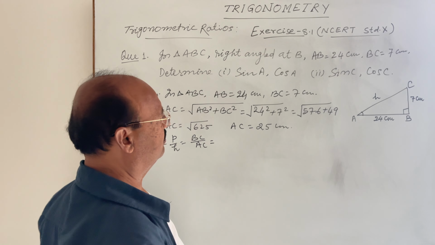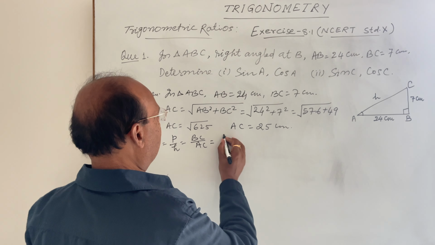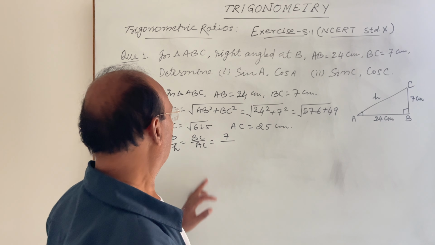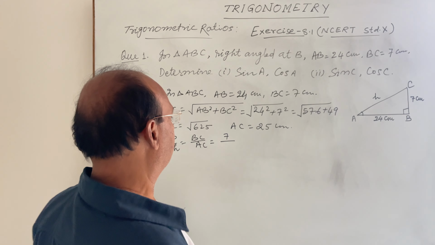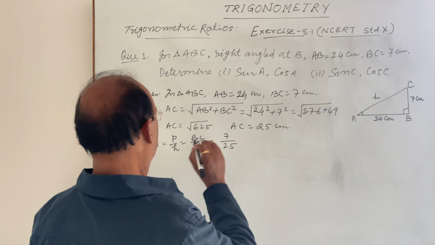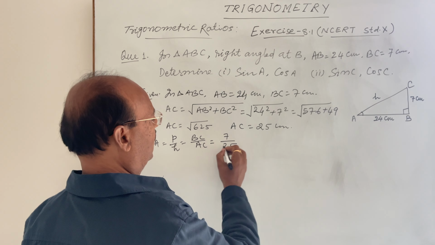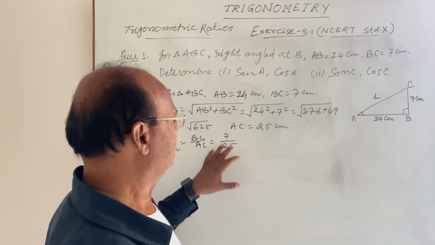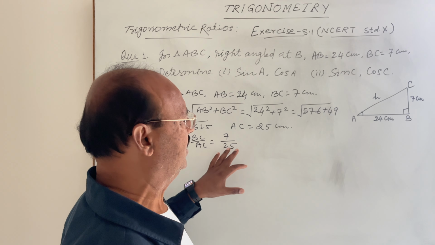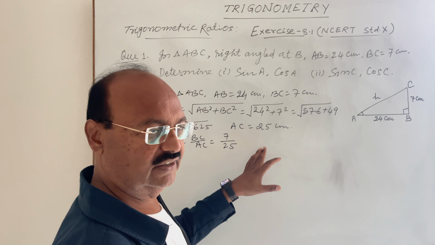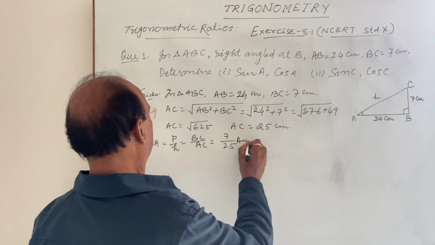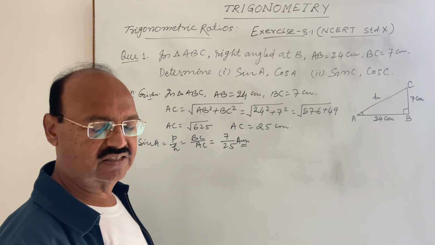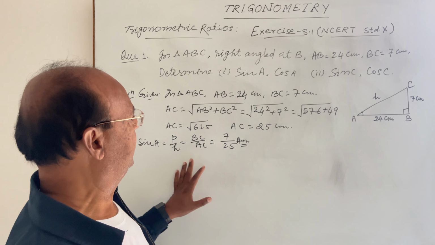BC is 7 centimeter, divided by AC, which is 25 centimeter. So sin A is equal to 7 by 25. This is just a ratio, so we will not write a unit here. Simply we write 7 by 25. This is the value of sin A. Now let us find out cos A.